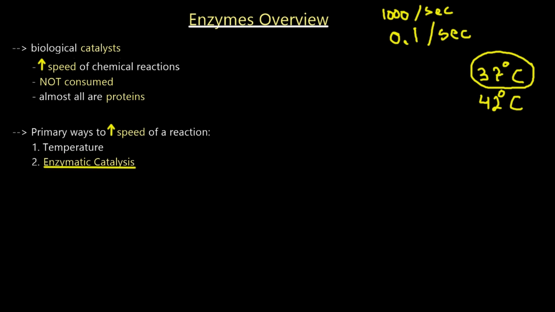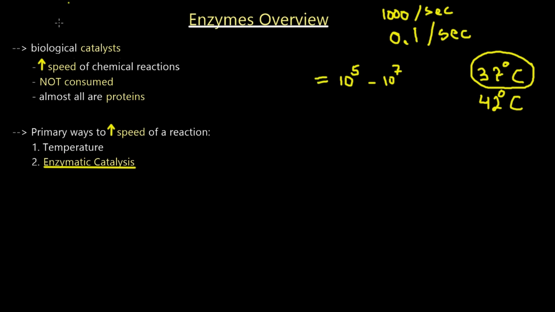These are enzymes that do not increase the temperature, but they facilitate the formation of products, and they do it at a much faster pace. The products would form 10 to the 5-fold or even 10 to the 7-fold faster on average. That's how much they speed up the rate of the reaction.